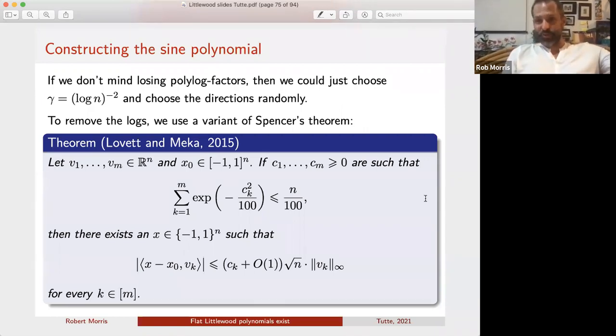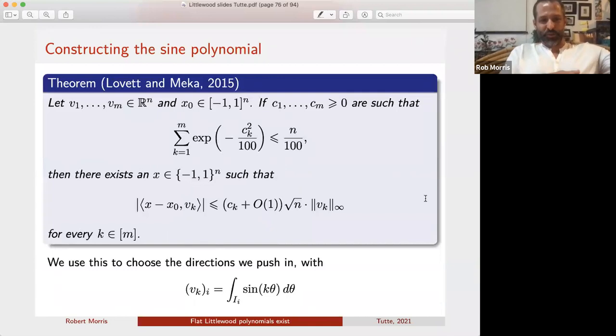Anyway, for us, it's super useful because what do we need to do? This allows us to do the two things we need to do. We need to choose which direction we're going to push each ball in. For each dangerous interval, are we going to push it up or are we going to push it down? The first thing we can do is look on each interval at the average of sine k theta.